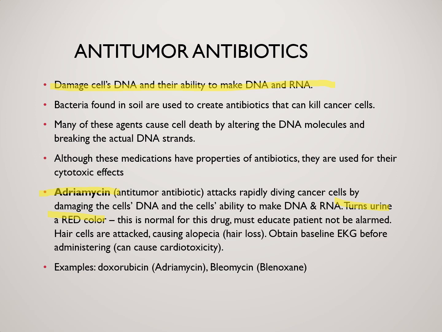It is known to cause alopecia because it does attack rapidly dividing cells, and not just cancer cells, also the rapidly dividing normal cells in our body, like our hair. It does cause cardiotoxicity, so you want to obtain a baseline EKG, check out their cardiac status before administering the medication.